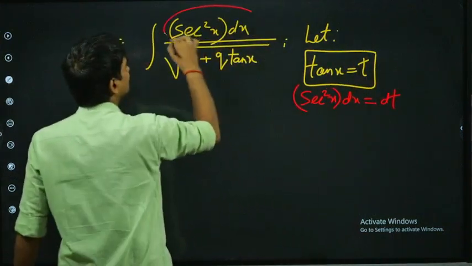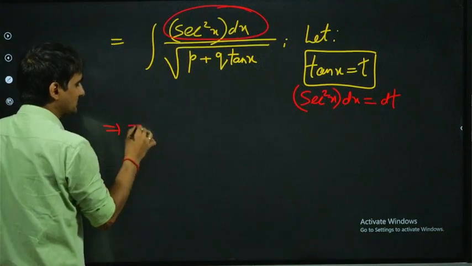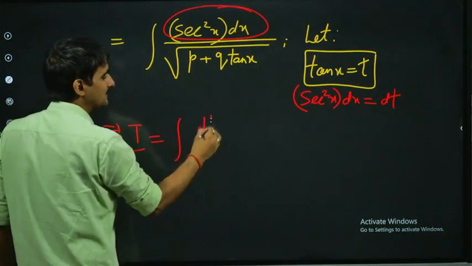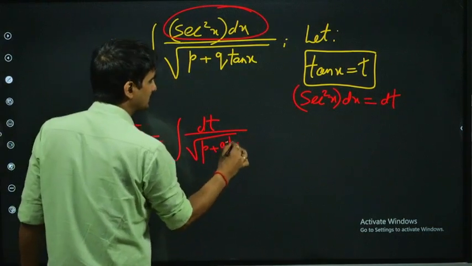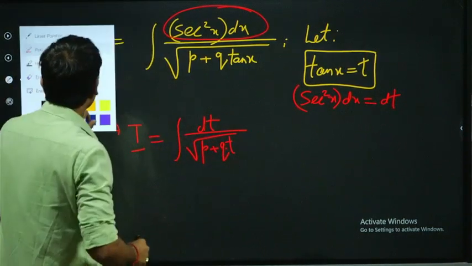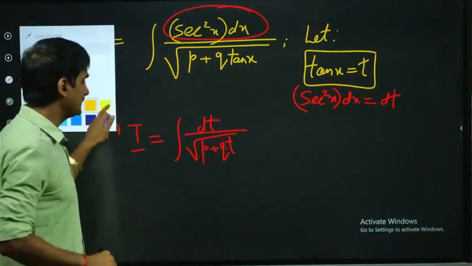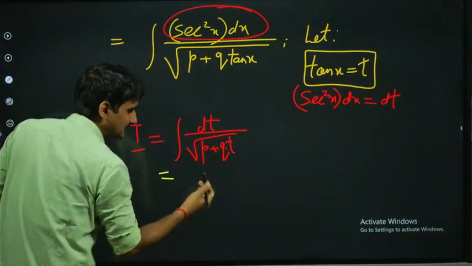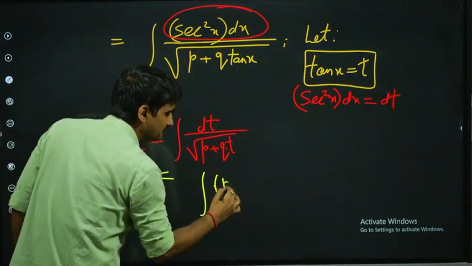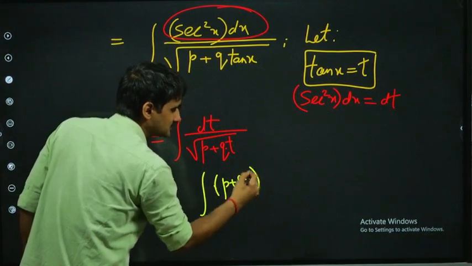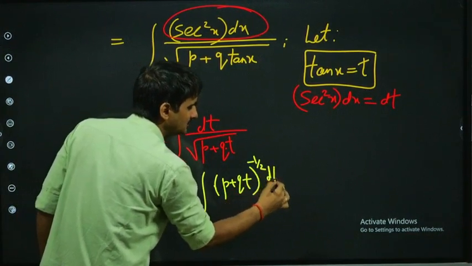So you will be replacing your numerator by dt, and this is nothing but the square root of p plus q times t here. So what's the integral of 1 by under root of t? It's nothing but the integral of (p plus qt) raised to the power minus half dt.